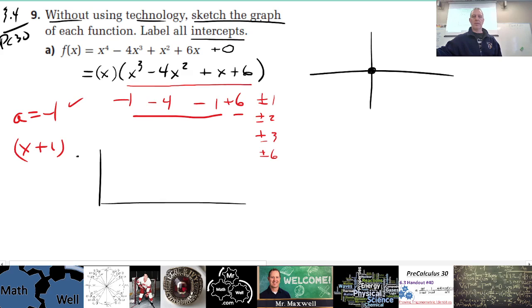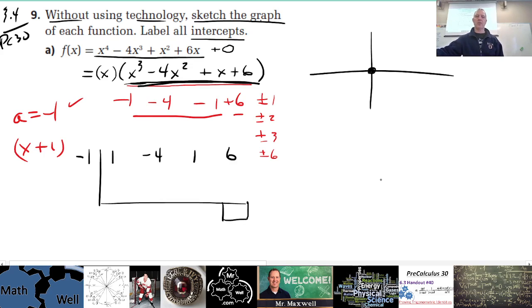So let's do a quick synthetic division here. And I'm going to check this with negative 1 as my a. Now, again, I'm focused on this one. It should also be a factor of this, but let's just do this one, right? So I've got a 1, negative 4, a 1, and a 6. Remainder on the last section there. So we've done synthetic division a ton of times.